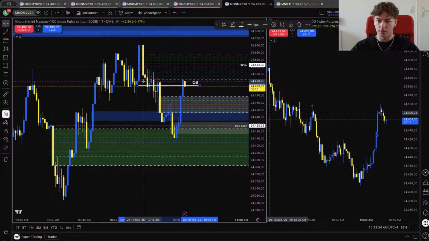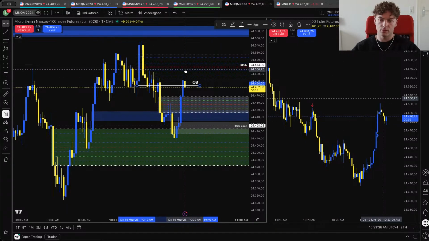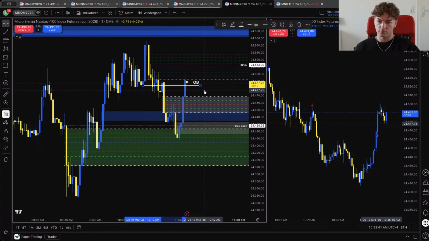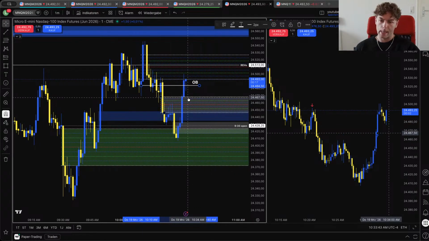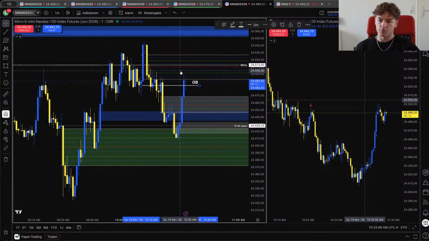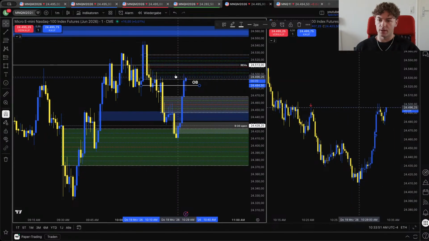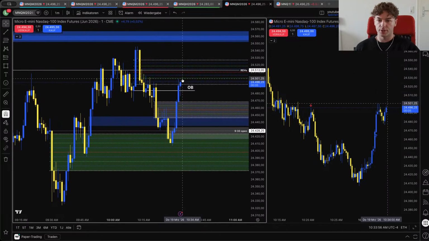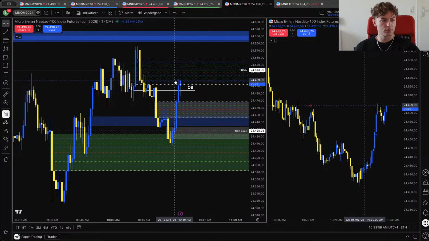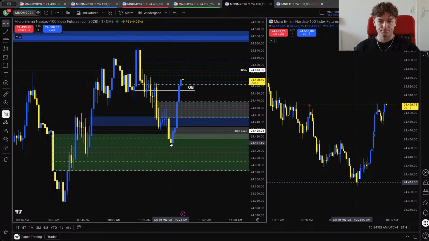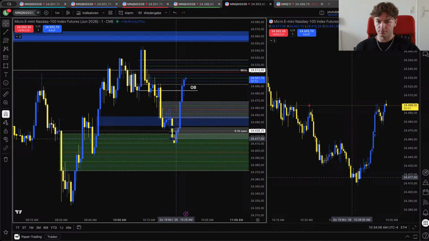Respect this order block open level. Stop me out. Now if it wants to resume lower, it should respect the upper half and only use the lower half. It could wick higher, but bodies should stay in the lower half. But I guess it's not looking too bearish right now, so we'll see.